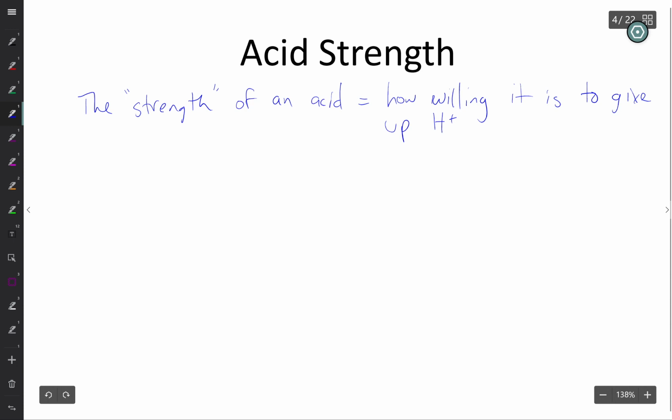So what that means is something that doesn't hold on to H plus very tightly is what we call a strong acid. Something that holds on to H plus really tightly, we would say is a very weak acid. So a stronger acid gives away H plus more readily.